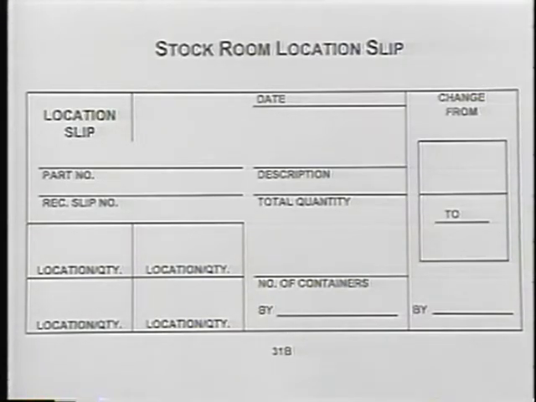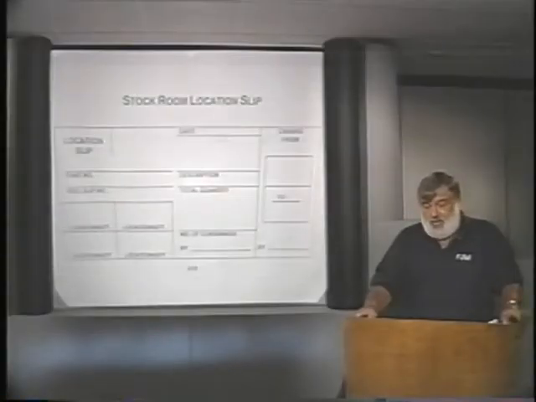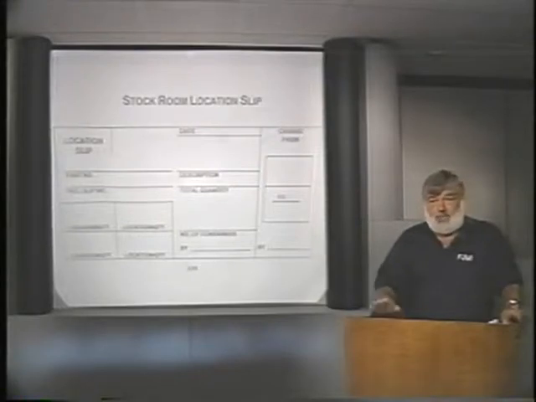So I manually filled in the date, the part number, the receiving slip number, which could have been a purchase order number or a PM work order number or any other numbering scheme that is required. I've got a brief description of the item and the total quantity. And if there's more than one container, we'd indicate 1 or more.